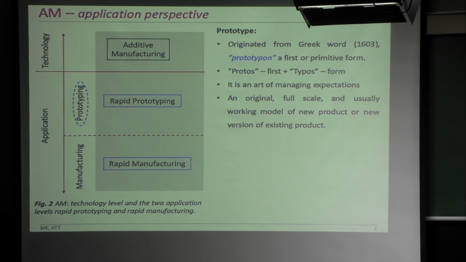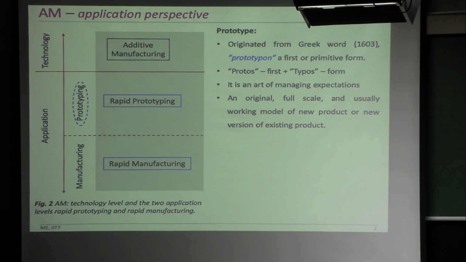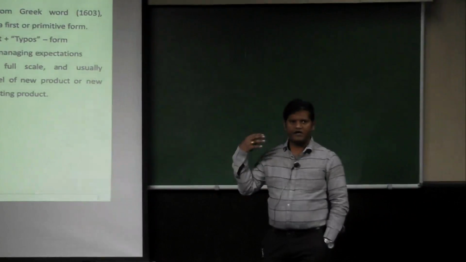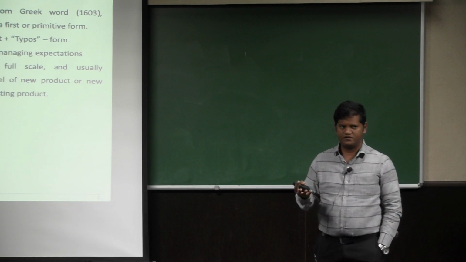The word prototype originated from the Greek word prototypon. Proto means first and typos means form, that is first or primitive form. In simple terms, let us say a designer is trying to design a product or a component of a product.